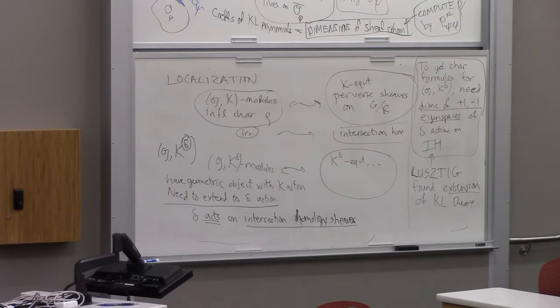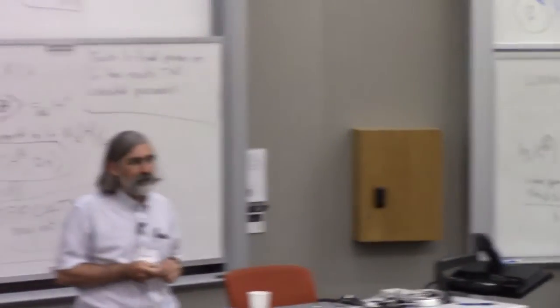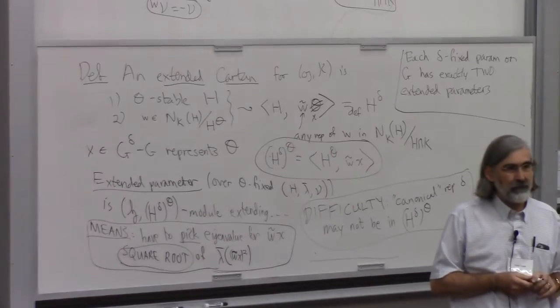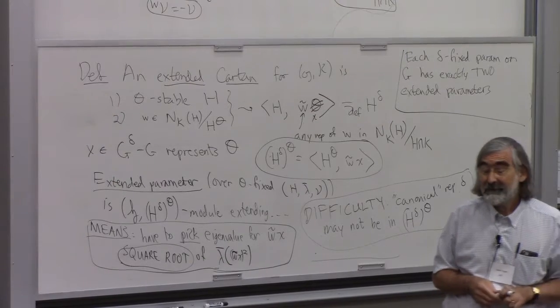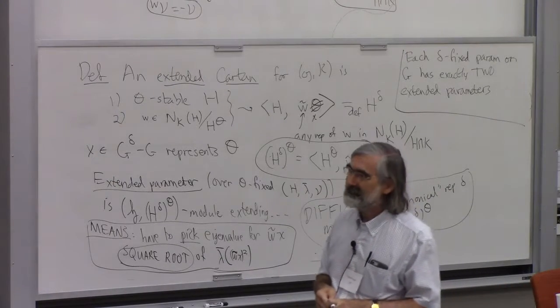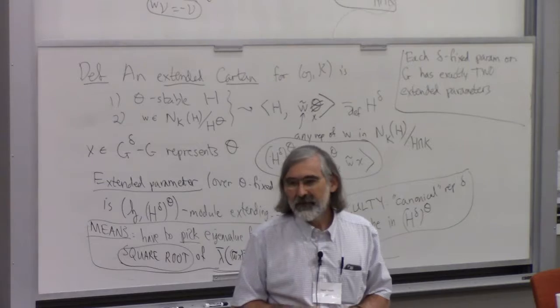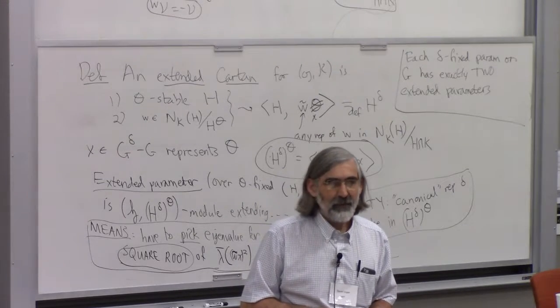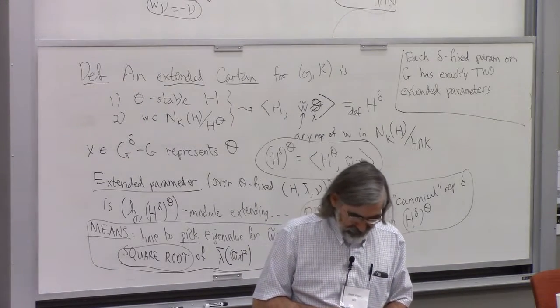And can you choose the Whittaker model or something like that? I think that's what Arthur did for GL(n). Well, but many of these representations don't have Whittaker models. Yeah, but the standard representation always has one.